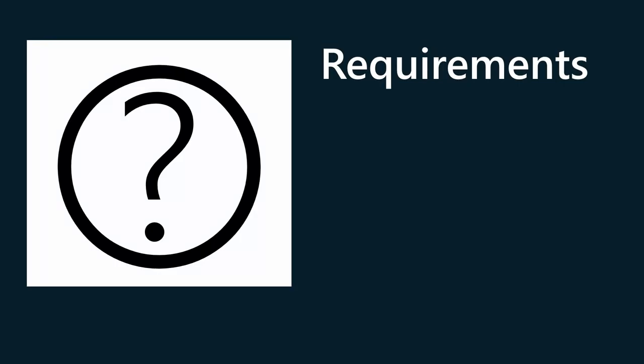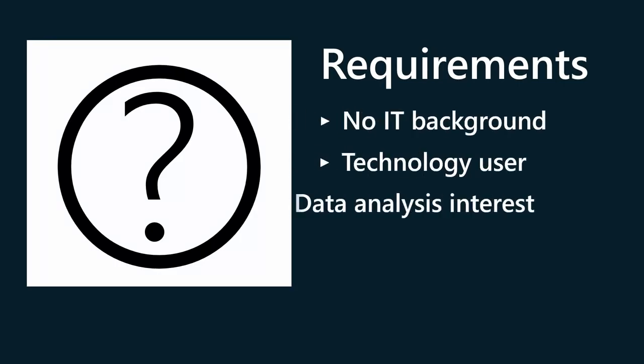Is this the course for you? Hopefully, the outline of the course content and topics will help you decide. And it's important to mention that you don't need an IT-related background to take this course. It's for anyone who likes using technology and has an interest in data analysis. Whatever your background, to complete this course, you need to have access to some resources.